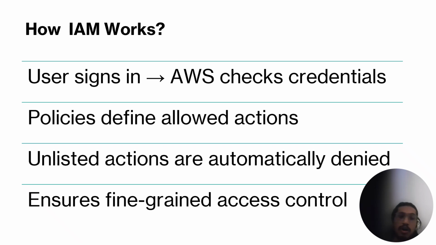So how does IAM work? When a user or system tries to do something, like open an S3 bucket, AWS first checks their credentials. Then it looks at their policies, what access has been given.